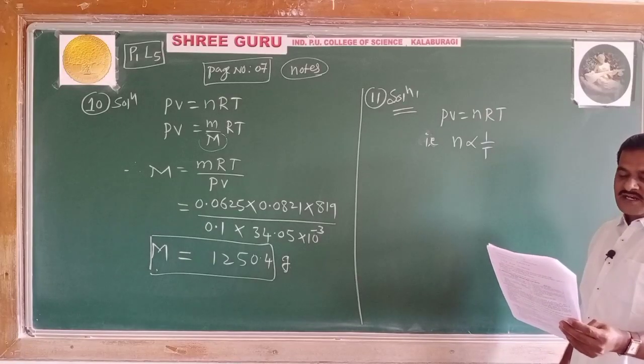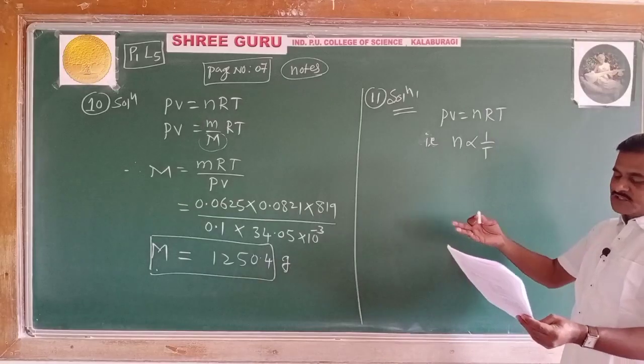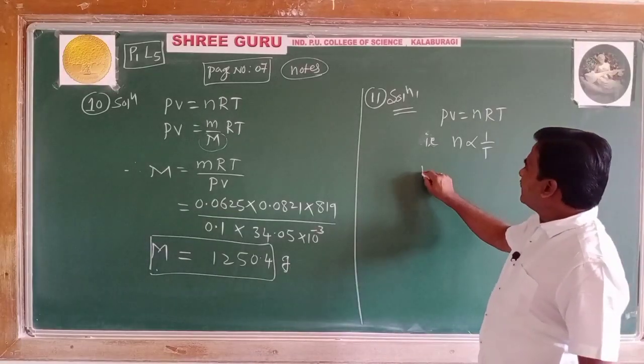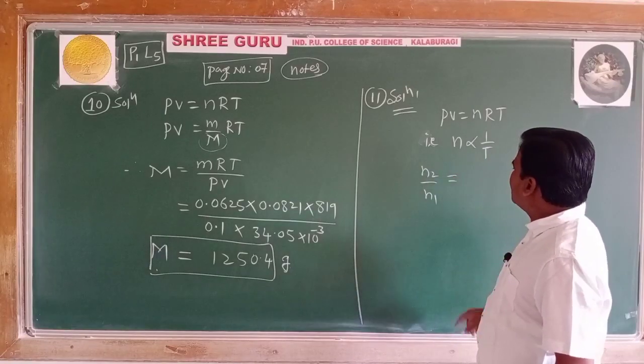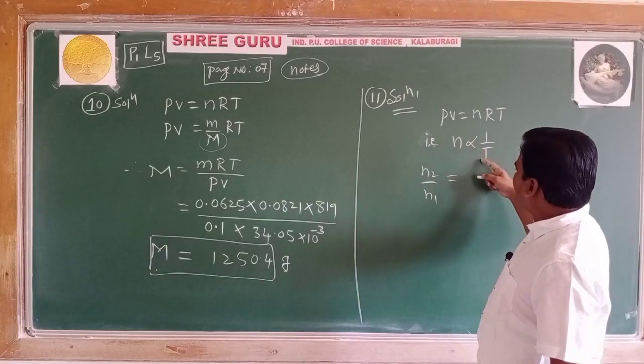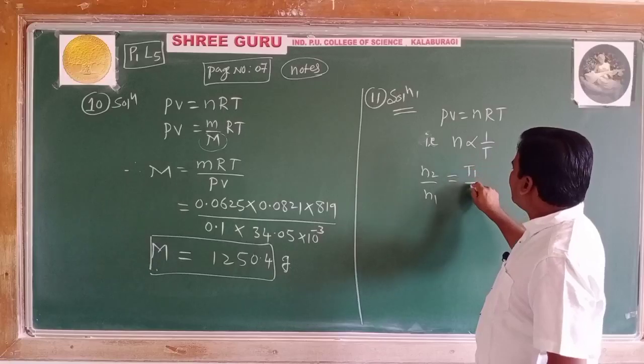So taking the two temperatures, N2 by N1 is nothing but T1 by T2.